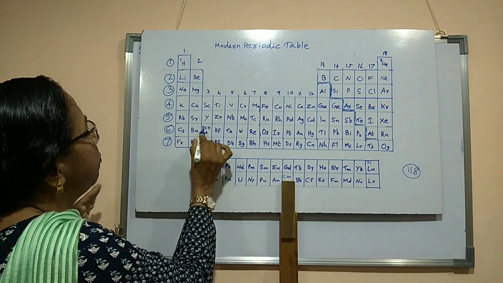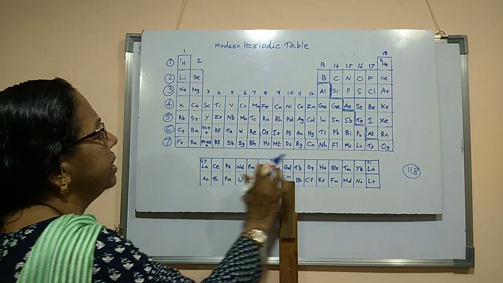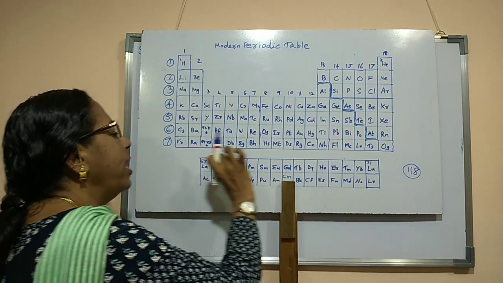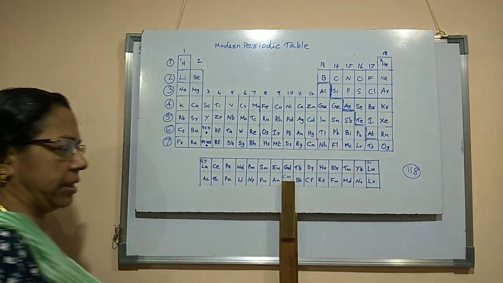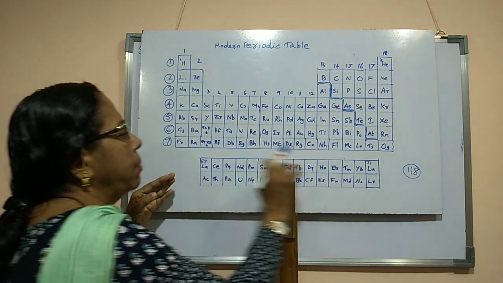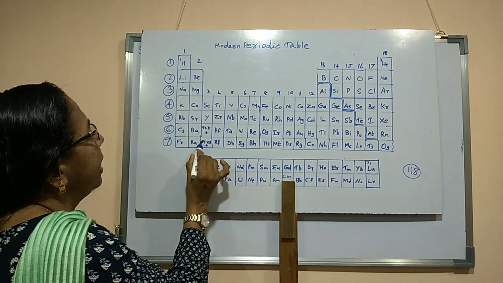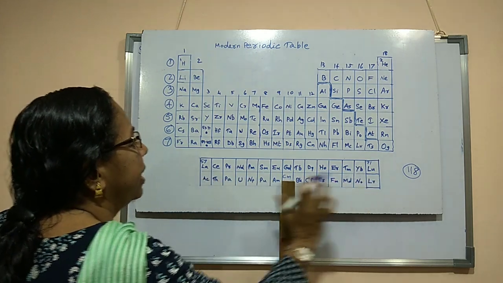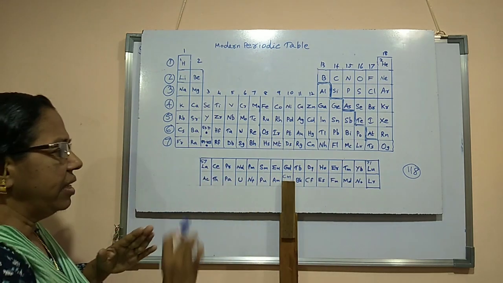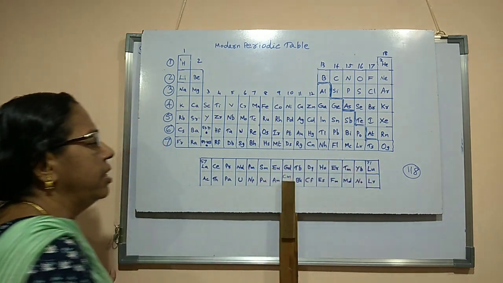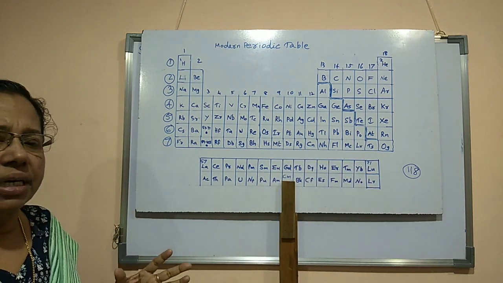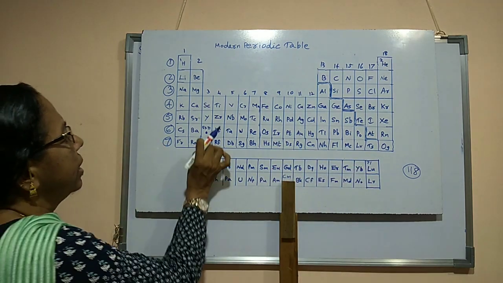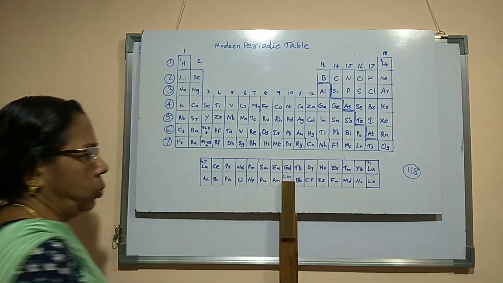Because the elements from 57 to 71 all have similar properties, so they are kept in a separate row. Again, the elements 89 to 103 have similar properties, and because of that they are kept in a separate row.